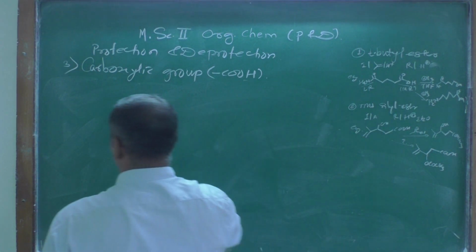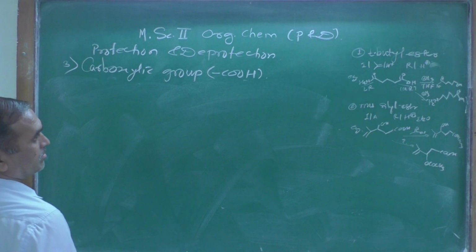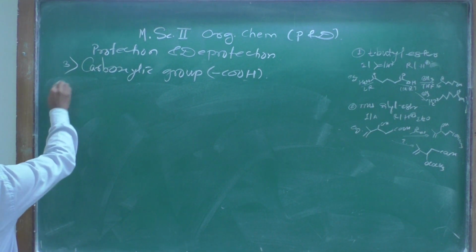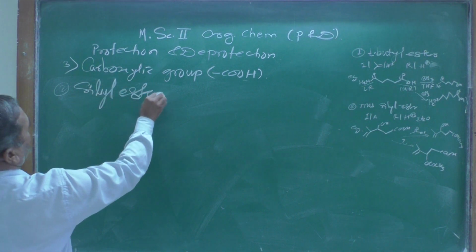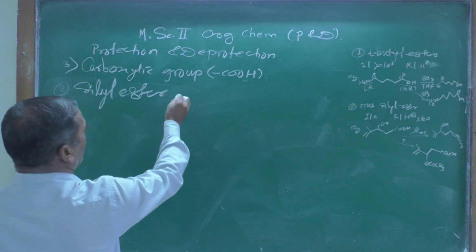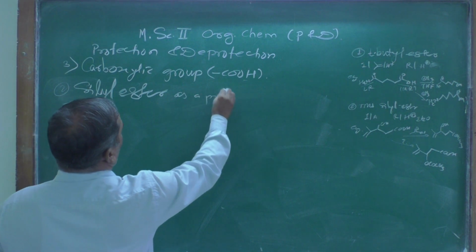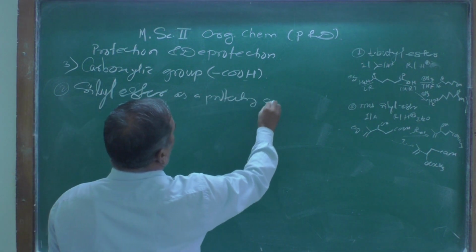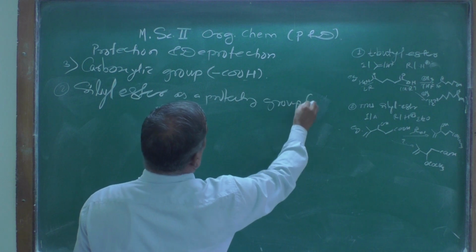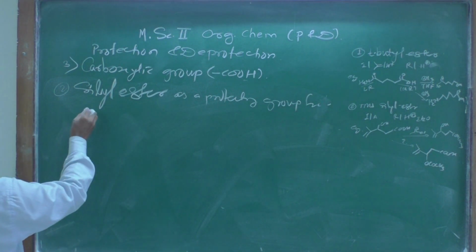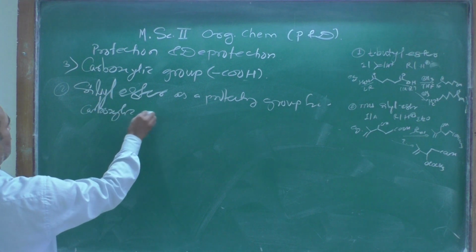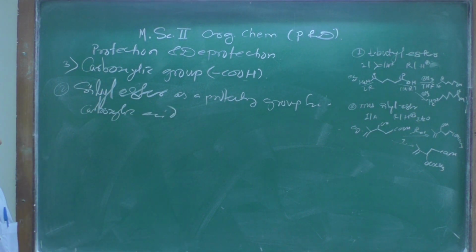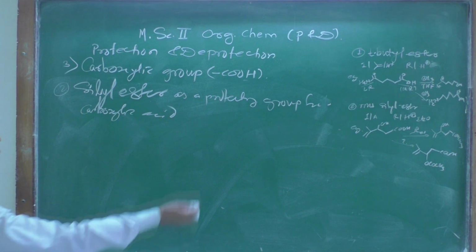The second one will be the silyl ester as a protecting group for carboxylic acid, right?